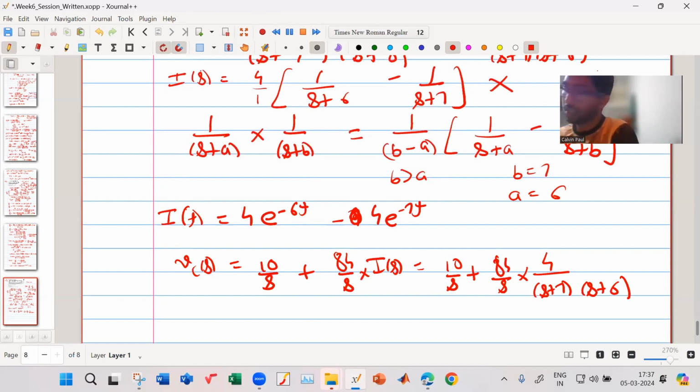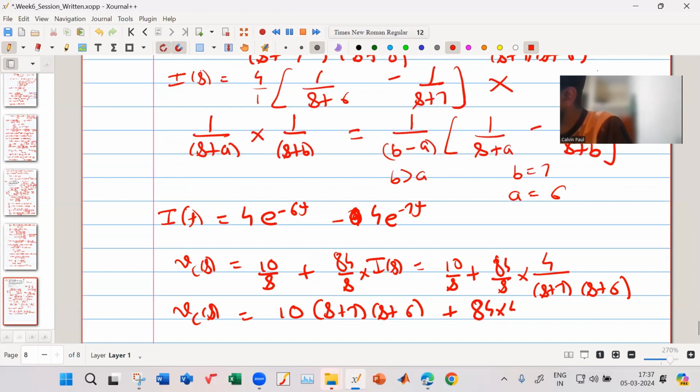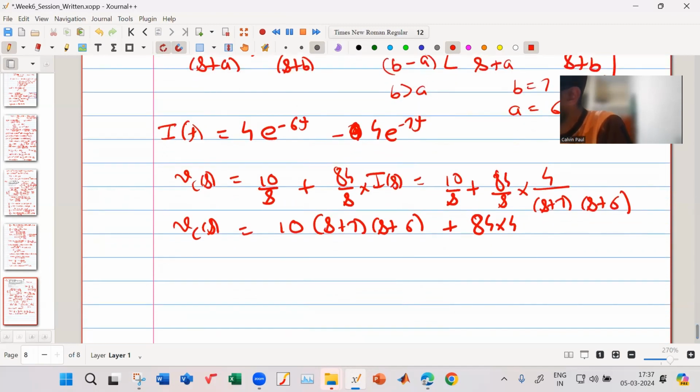So I write it down further: VC of S is equal to 10 into (S plus 7) into (S plus 6) plus 84 into 4, divided by S into (S plus 7) into (S plus 6).